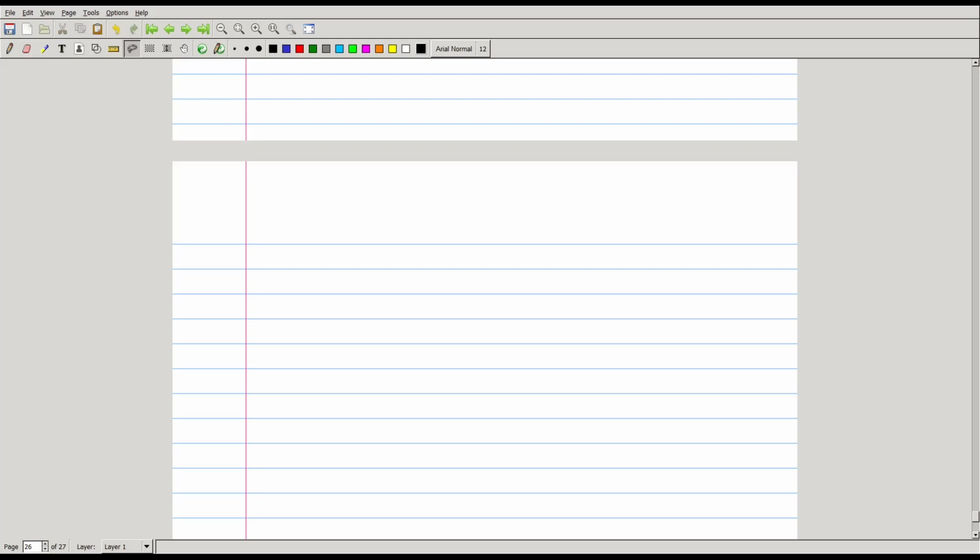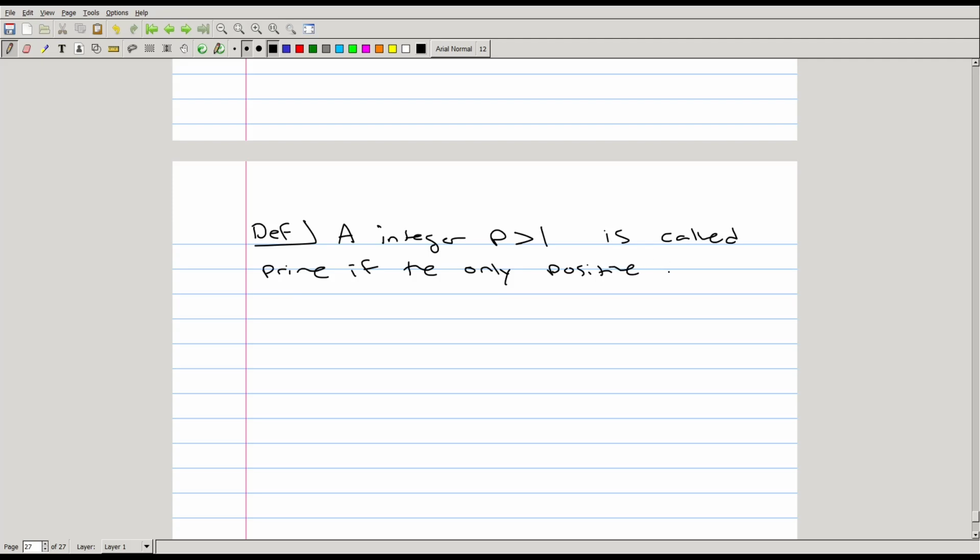First we'll define what a prime number is. A prime, or an integer p that's greater than 1, is called prime if the only positive factors of p are 1 and p itself.